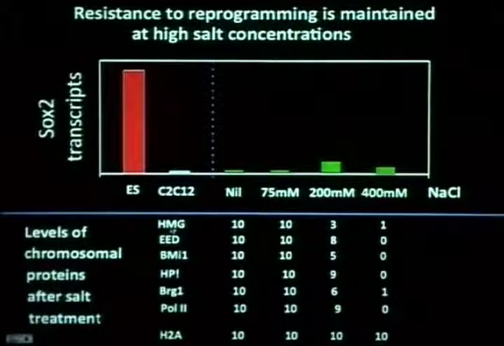So we don't know the answer to this, but it does imply that there is some kind of tightly bound, presumably protein, in the chromatin resistant to salt and Triton treatment, which is, at least in this case, responsible for the resistance. And it'll be interesting, of course, in future to see what that might turn out to be, as reflecting an explanation for the stability of the differentiated state.